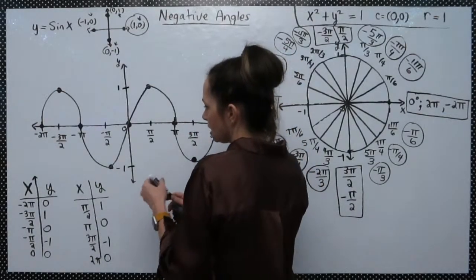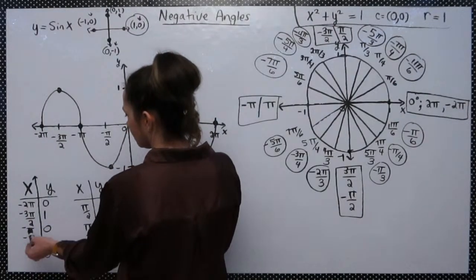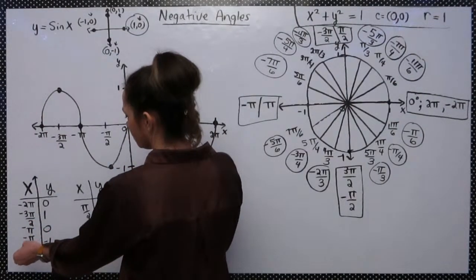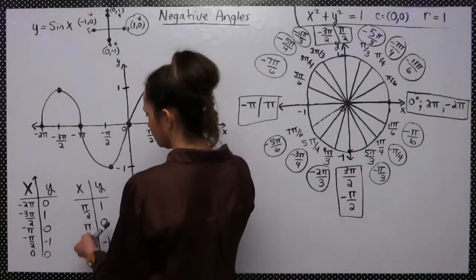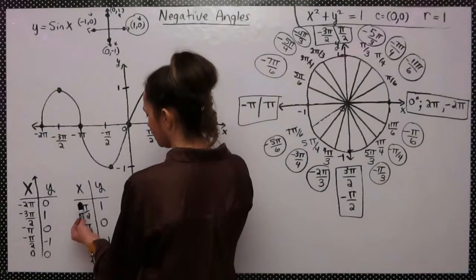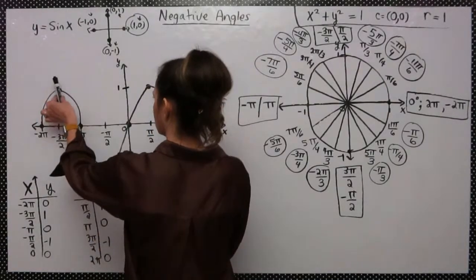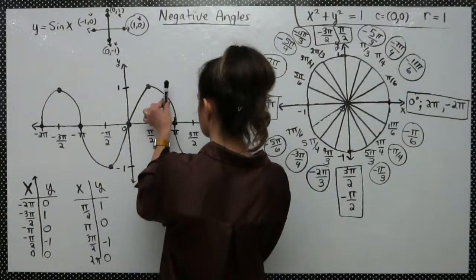But since every value in the domain gives a different value in the range, you can have repeating values in your range, but you can't have repeating values in your domain. Okay, so it passes this vertical line test.